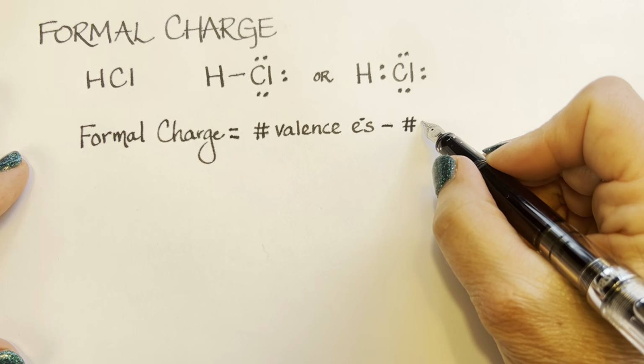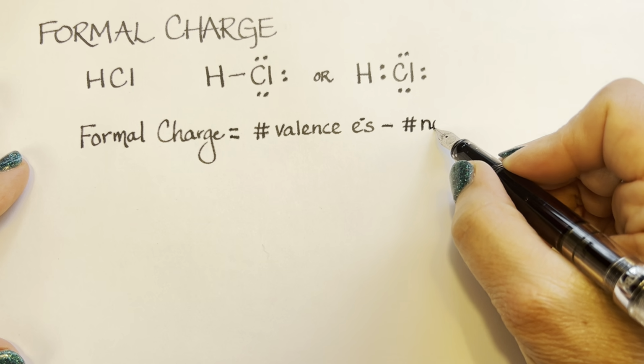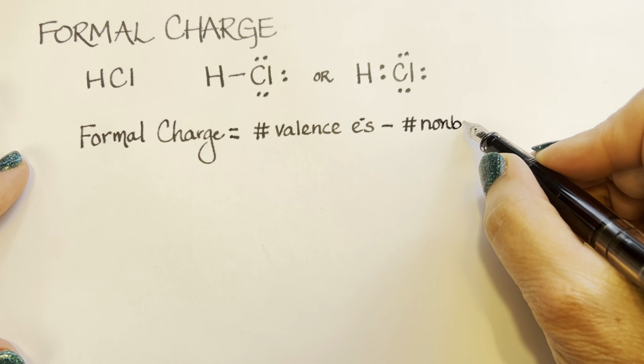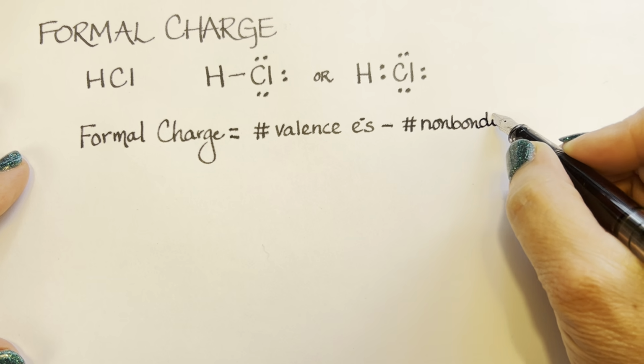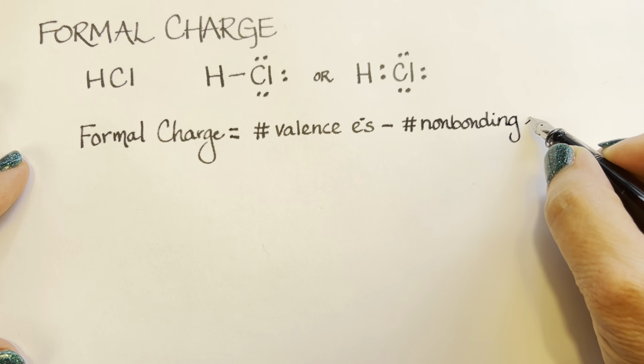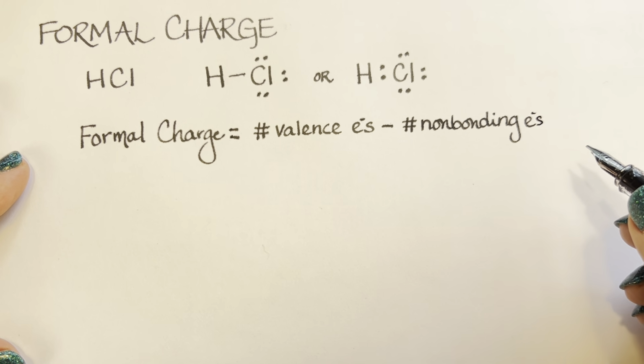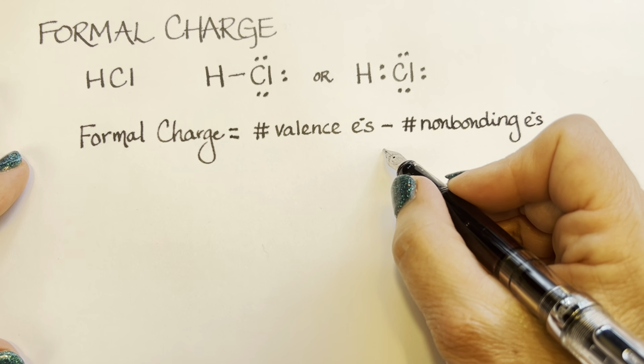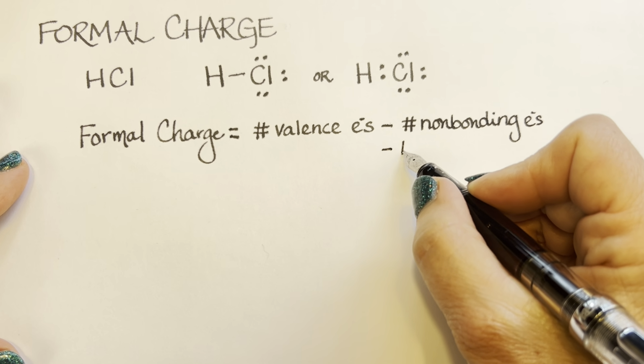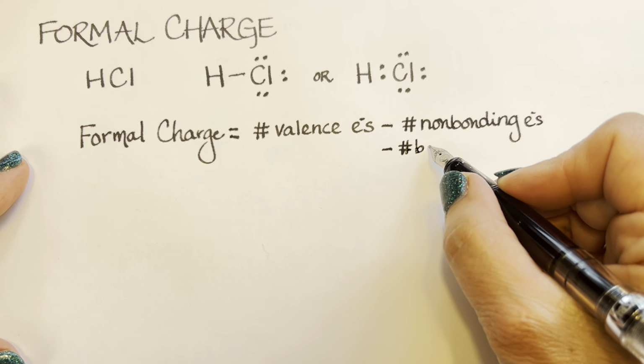Okay, so we're going to take all those non-bonding electrons and subtract them. And we are going to also subtract the number of bonding electrons.